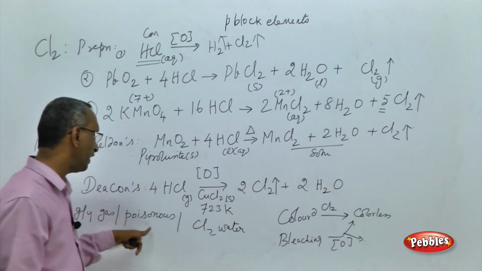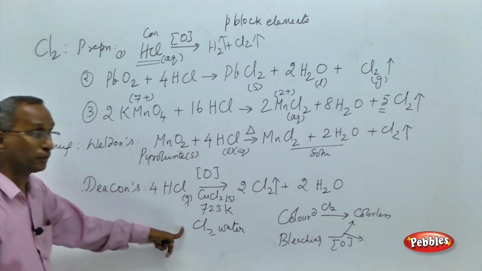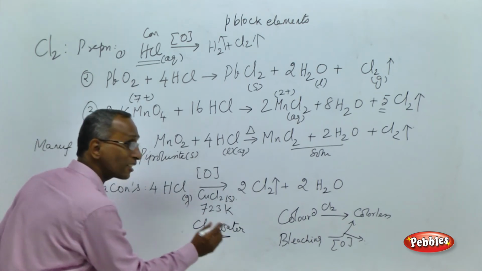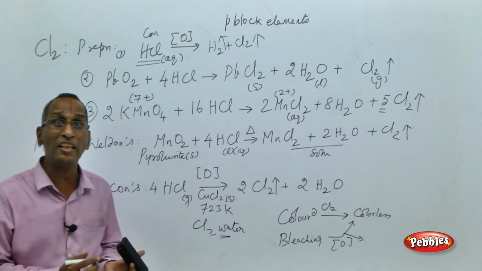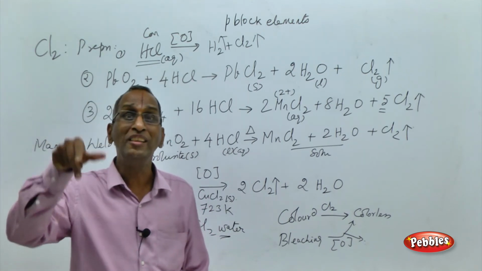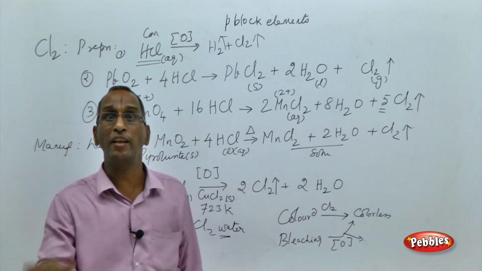In normal state, it is highly poisonous. So it is mixed with water to form chlorine water. The concentration of chlorine has to be as low as possible. Poisonous means not poisonous to germs, but excessive consumption also affects us.